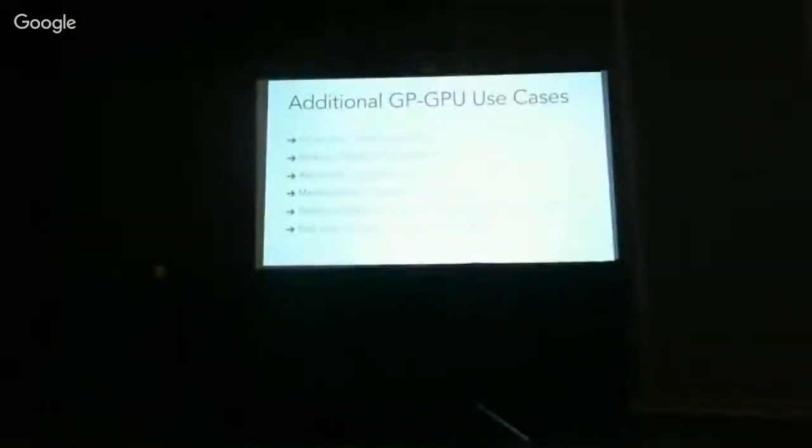Defense, intelligence, weapons simulation, security. There's a huge data center in Utah, a 3-letter agency, loaded with GPUs. Data science and analytics, basically anything that has big data is fair game for GPUs to go through it.